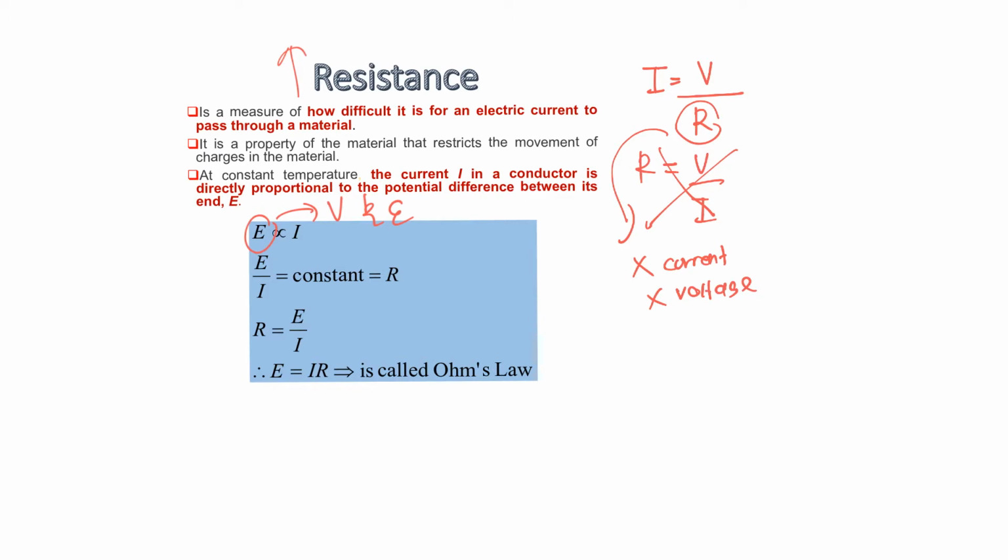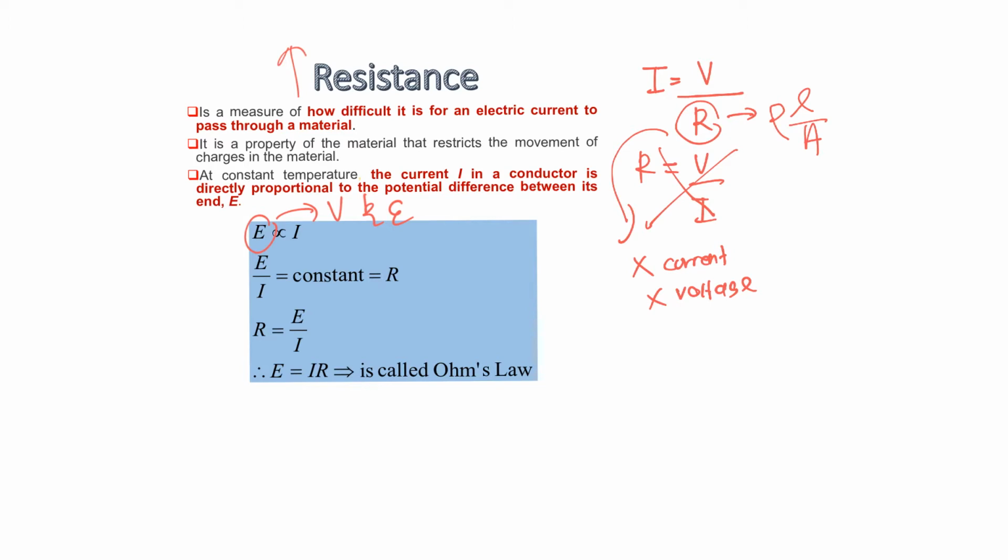Resistance basically depends on the material that builds the resistor. A certain material provides higher resistance, another provides lower resistance, and it also depends on length and area. That's why the formula for resistance is resistivity times L over A.